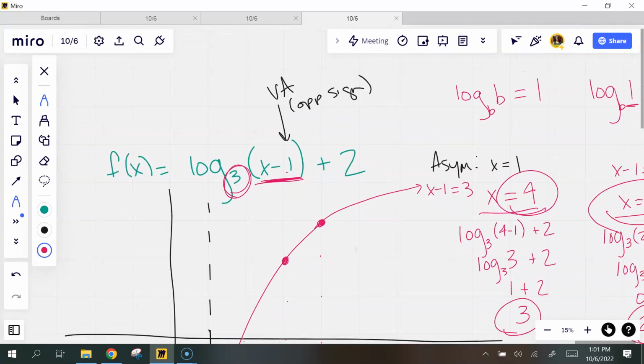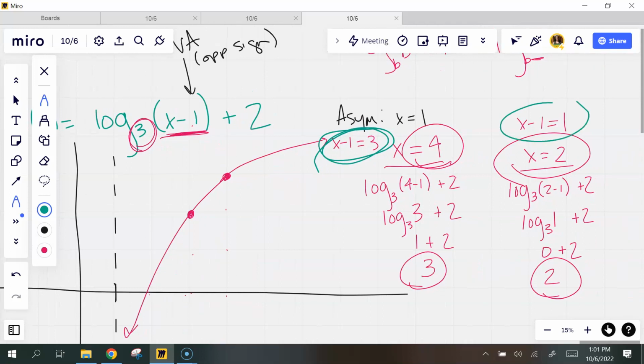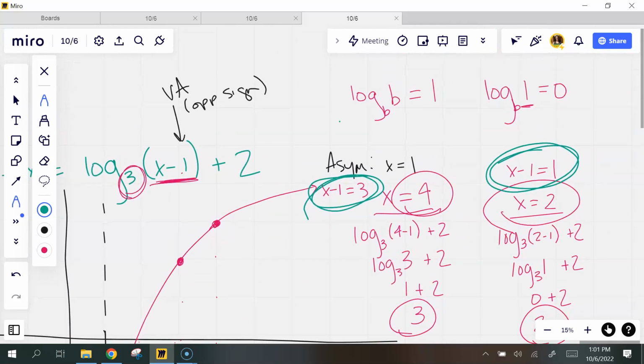So I used x's that would make x minus 1 be 3 and make x minus 1 be 1, because what I want is one scenario where the bases are the same, and another scenario where the value there in parentheses is 1. If you do that every time, it will make it so much easier on yourself. But you don't have to do that if you want to use your calculator and find some points.